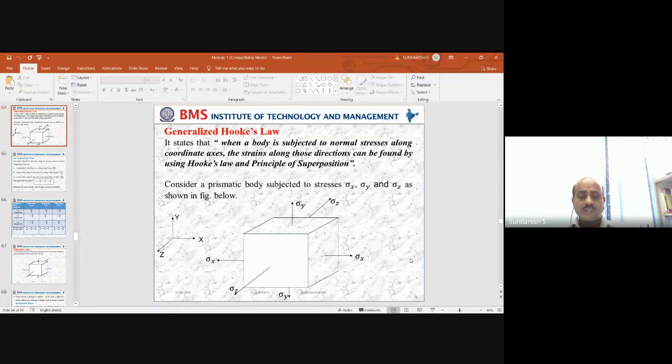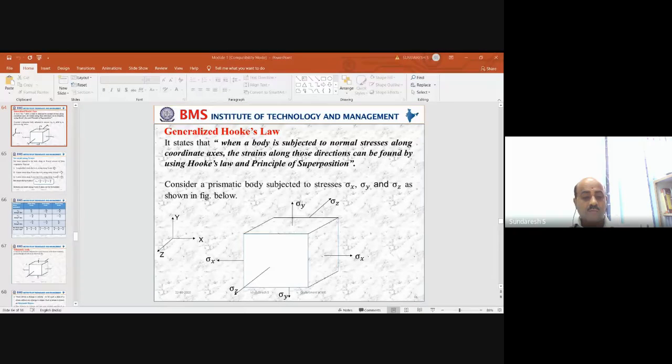So the body is subjected to normal stresses along the coordinate axes: sigma x in the x direction, sigma y in the y direction, and sigma z in the z direction. Now we want to write an expression for the volumetric strain in this condition, in the sense the body under a state of stress in three mutually perpendicular directions.